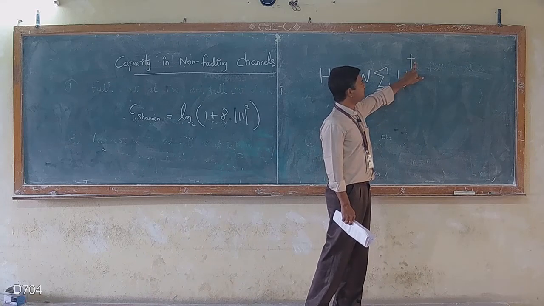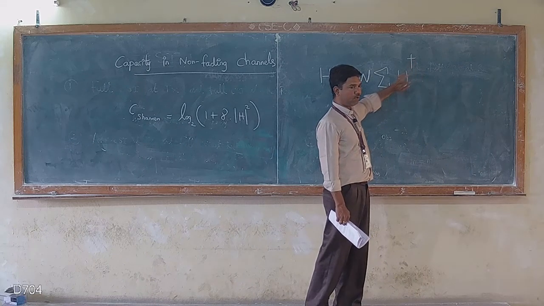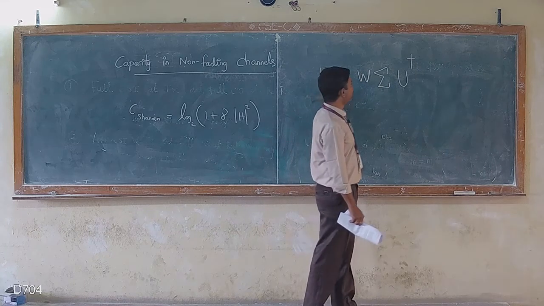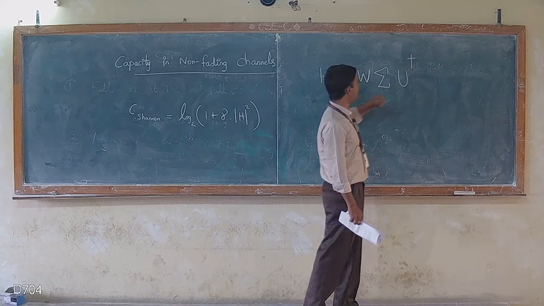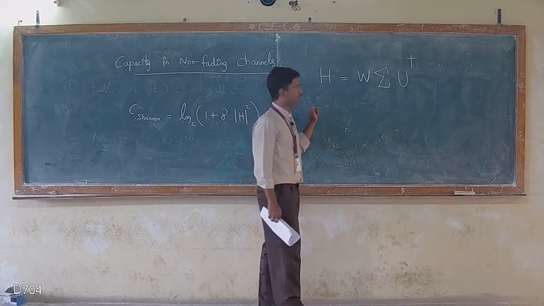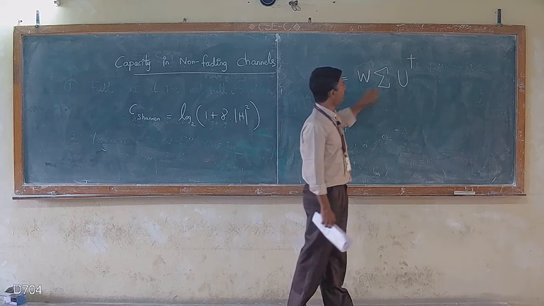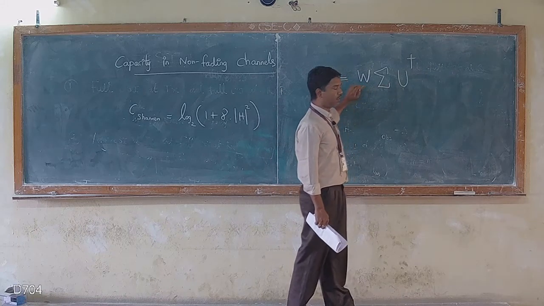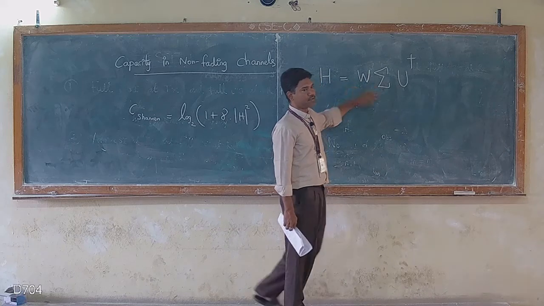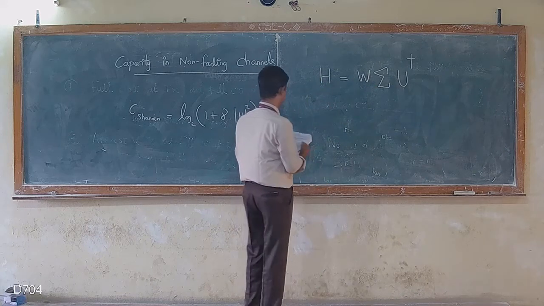This dagger symbol represents a pseudo inverse because the number of rows and columns are not same. So by doing this, we will get back the diagonal elements. So W and U are unitary matrices. They are the left and right singular vectors.